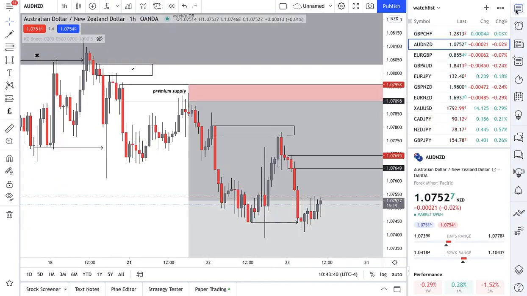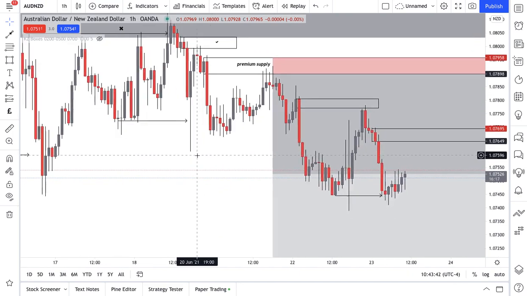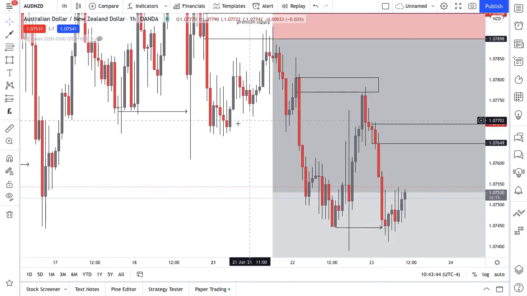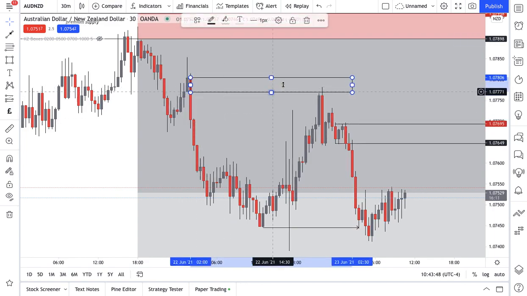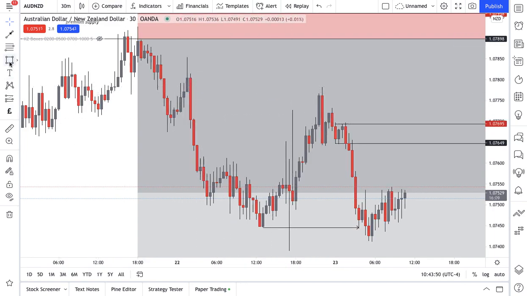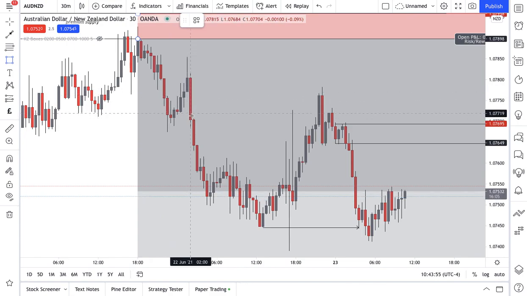AUD, NZD, right? Perfect examples. Right over here. Head over to that 30-minute. What do we notice? Let me remove this order block for now. This candle and this wick, imbalance, right? The open of this candle and the wick of that candle don't meet, right? So what does that create? Imbalance.